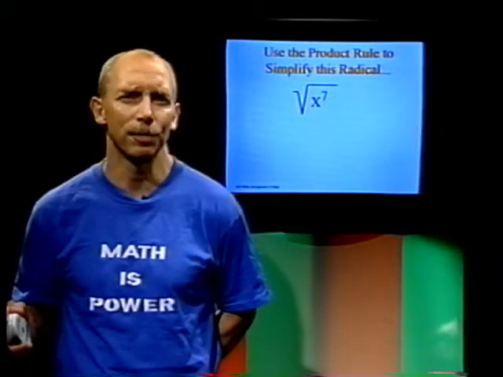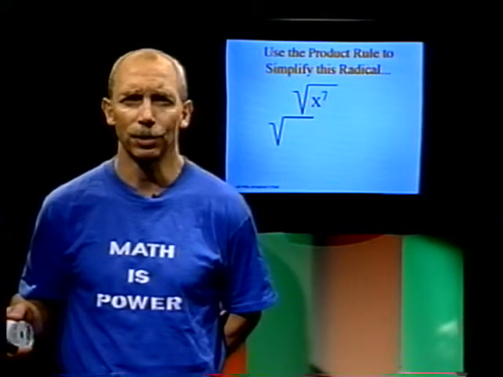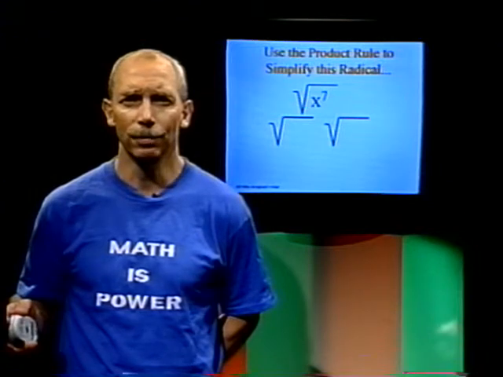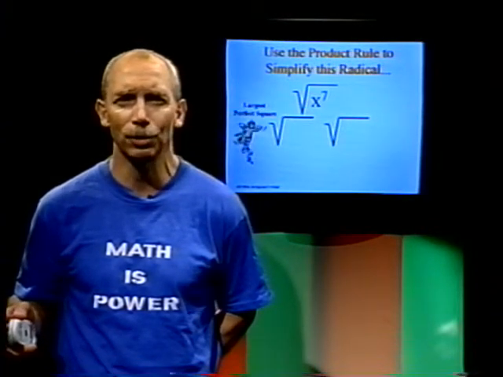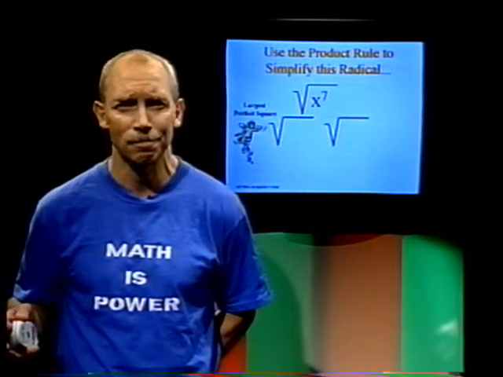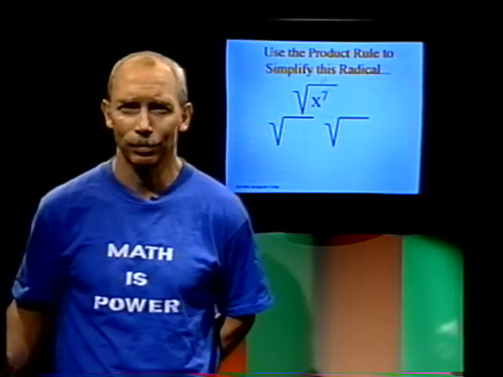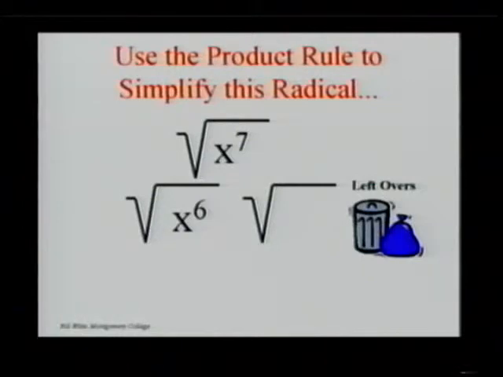What if we do this with variables? Same deal. Let's break it into good and evil. Now what's the largest good square root that goes into x to the 7th? You've got to know your variable square roots. x to the 6th. Does x to the 6th go into x to the 7th?